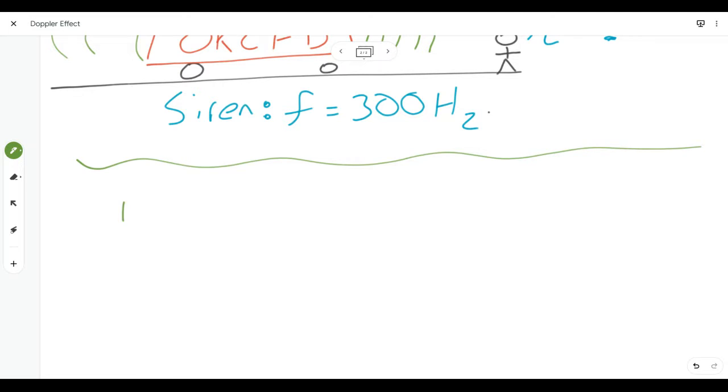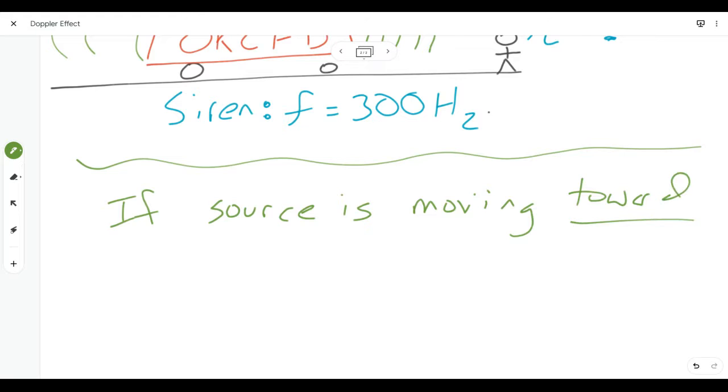If the source is moving toward the listener, we're going to say that the velocity of the source is negative. Does that make sense?